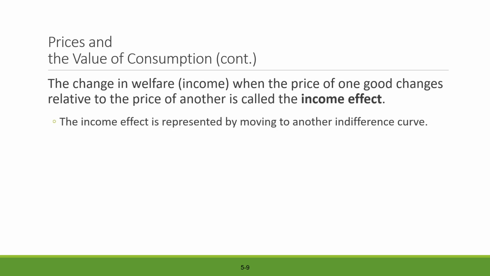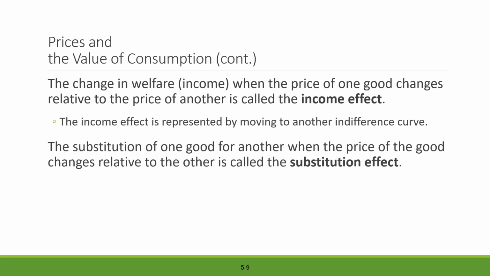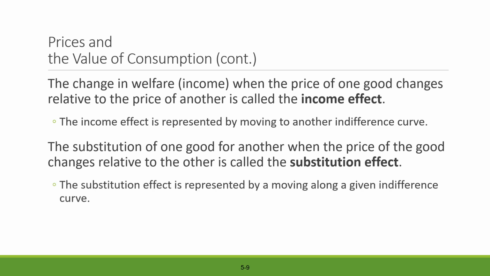Then we have another effect that is called the substitution effect. The substitution of one good for another when the price of the good changes relative to another is called the substitution effect. And the substitution effect is represented by moving along a given indifference curve.